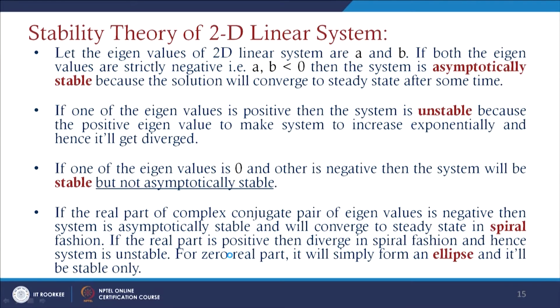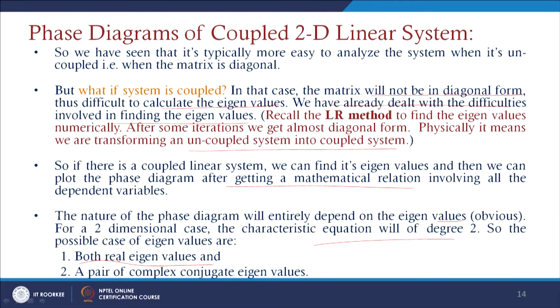If we go for a theoretical analysis of this 2D linear system for stability, we have to first find the eigenvalues. So, let the eigenvalues of a 2D linear system be A and B. First we consider the case when the eigenvalues are both real.